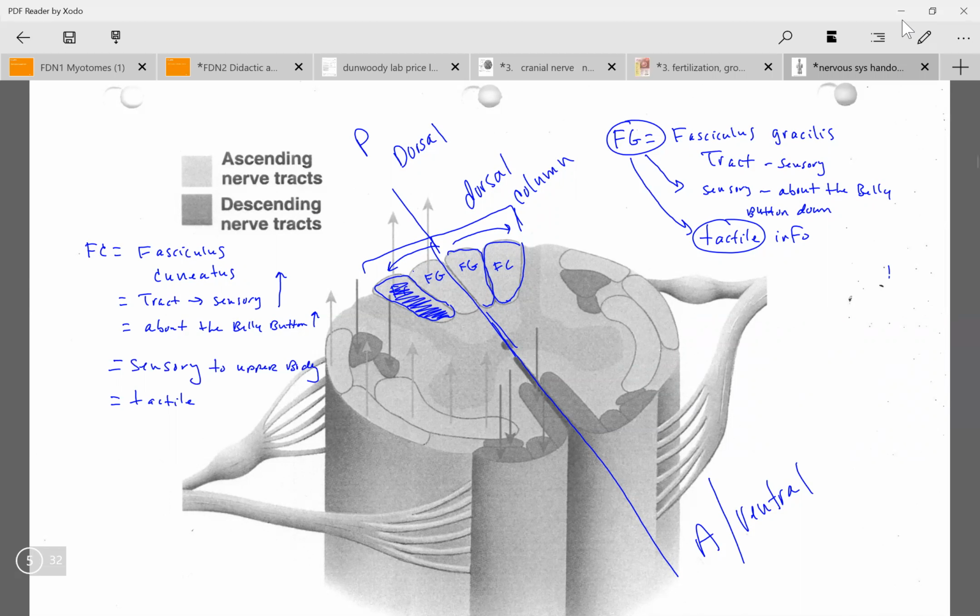And we have a right and left side because we have a right and left side body. So information that's coming in, let's say from your right hand, is going to travel in. Right hand, up your arm, into your shoulder, into your spine, specifically at the fasciculus cuneatus at the level of the cord.